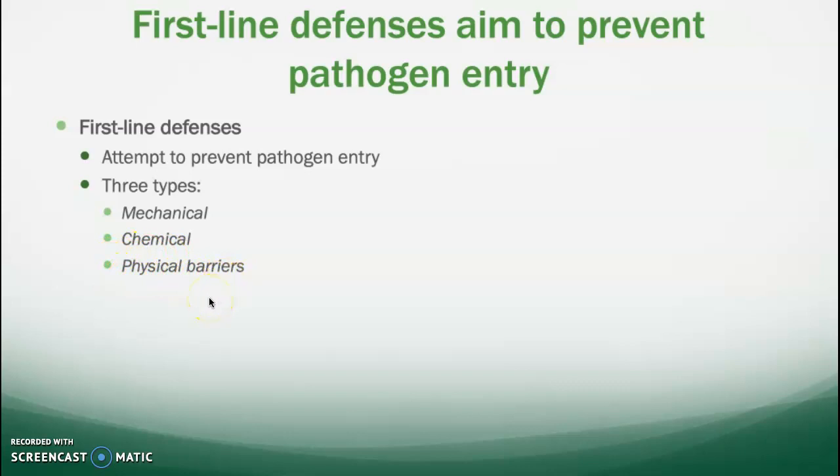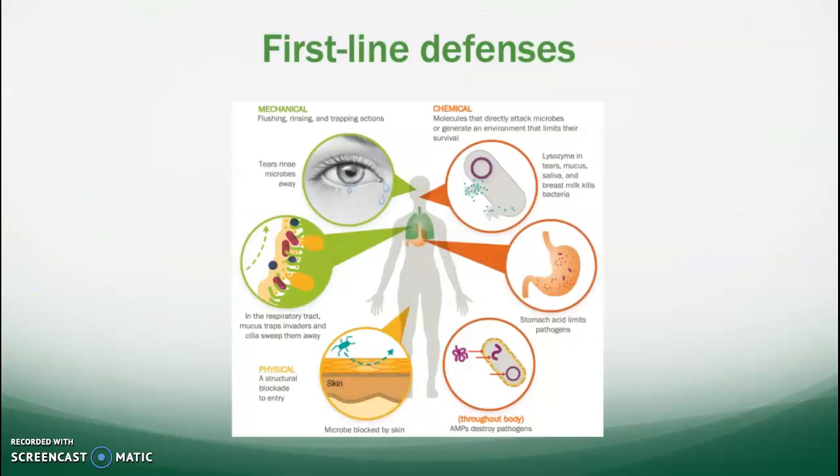Many of these, although they play a role in the first line of defense, their main function may not actually be part of the immune system, but because of their actual anatomy or physiology, they also play a role in the immune system. So this is a quick summary slide, and I'll go into each of these a little bit more. Up at the top in green, we have mechanical methods that our body naturally protects us from pathogens.